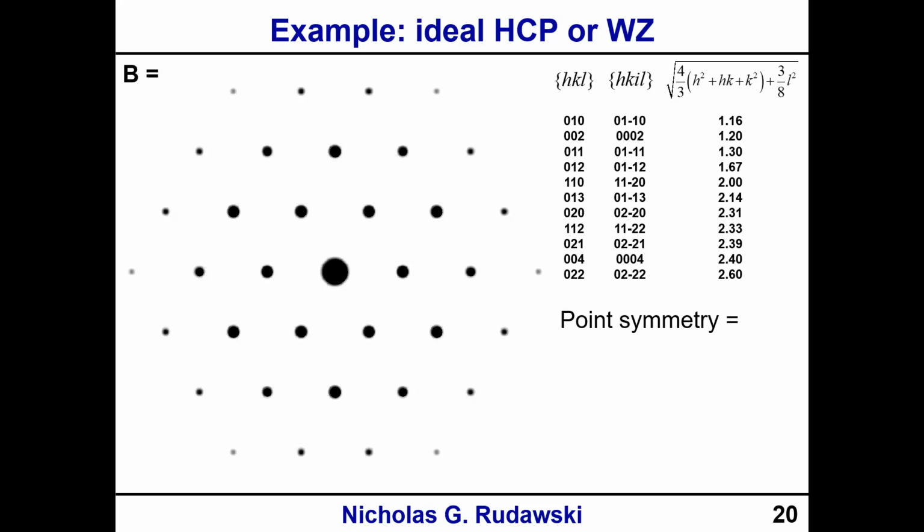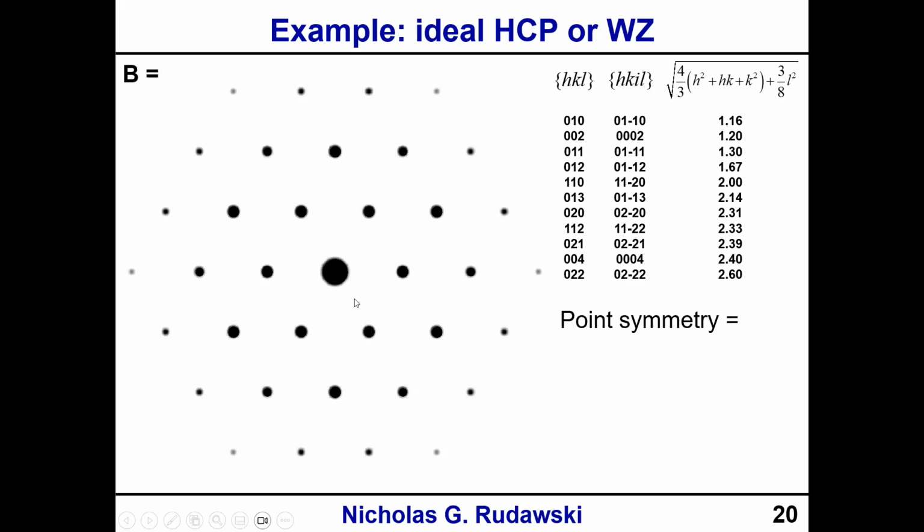Looking at this versus something from a cubic crystal, we would have no way of knowing that this was not from a cubic crystal. We only know that because we knew the structure ahead of time. The way to prove that mathematically is you can measure the angle between the closest G vectors, and you should find that these are all 60 degrees, and these are all equidistant from the direct spot.